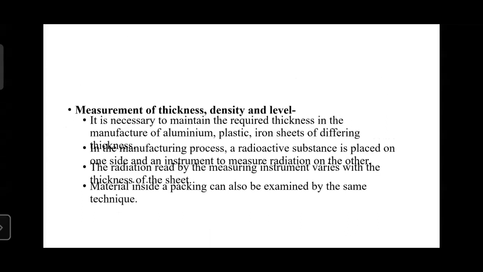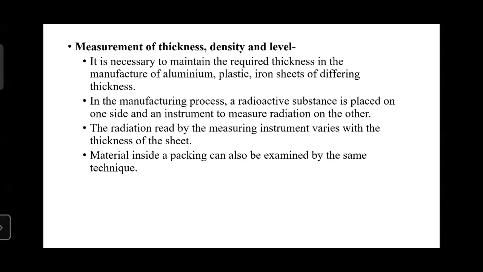Now, for measurement of thickness, density, and level, it is necessary to maintain the required thickness of a particular object, either in a metal or plastic sheet, with differing thickness.